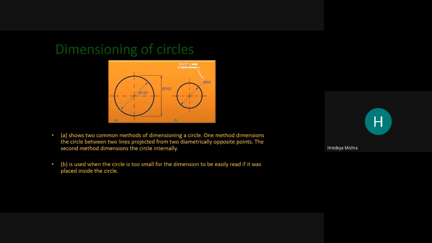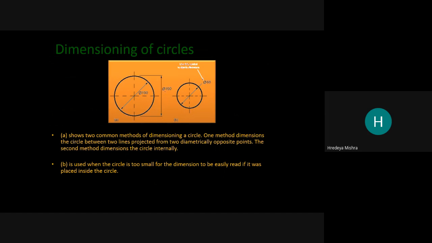Dimensioning on the circle. See, dimension on the circle, how we can represent it like A and representation like B. We just draw the diagonal and write down here with the extension line. Writing phi 60 means the diameter is 60.